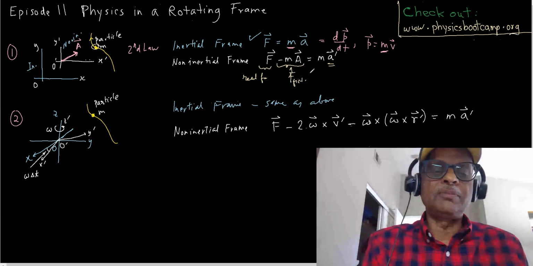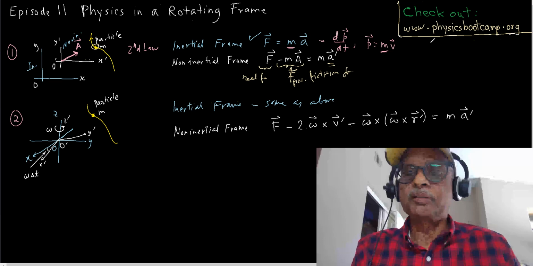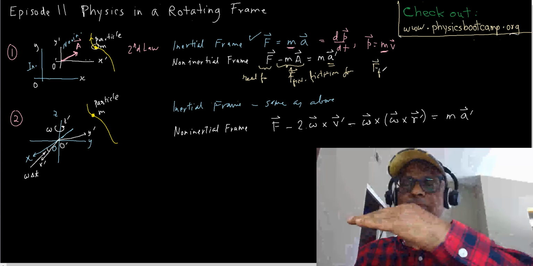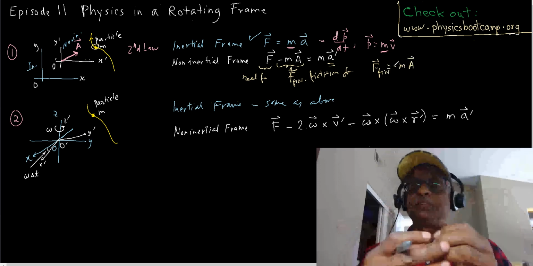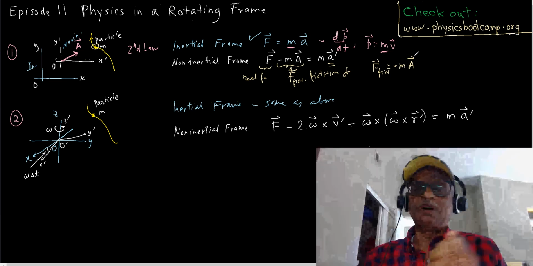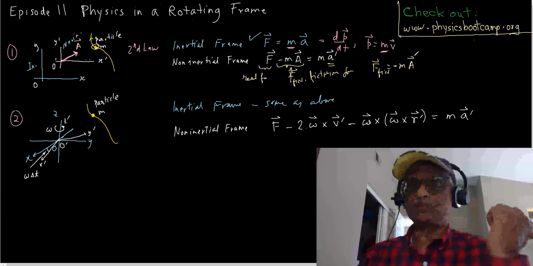So here, that fictitious force is simply mass times acceleration with a negative sign. So if the frame is accelerating that way, then the problem has another force besides all the real forces, which is mass times the acceleration, opposite to the acceleration.